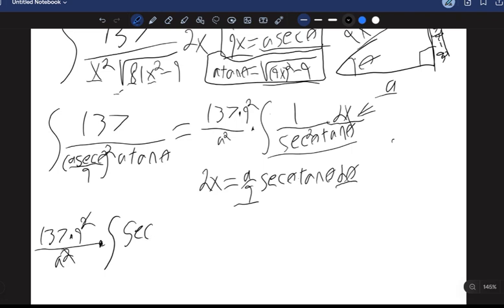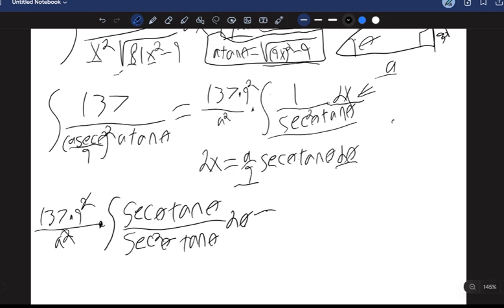Leaving us with secant theta tan theta over secant squared theta tan theta d theta, which will simplify to 1 over secant theta, which is cosine theta d theta.